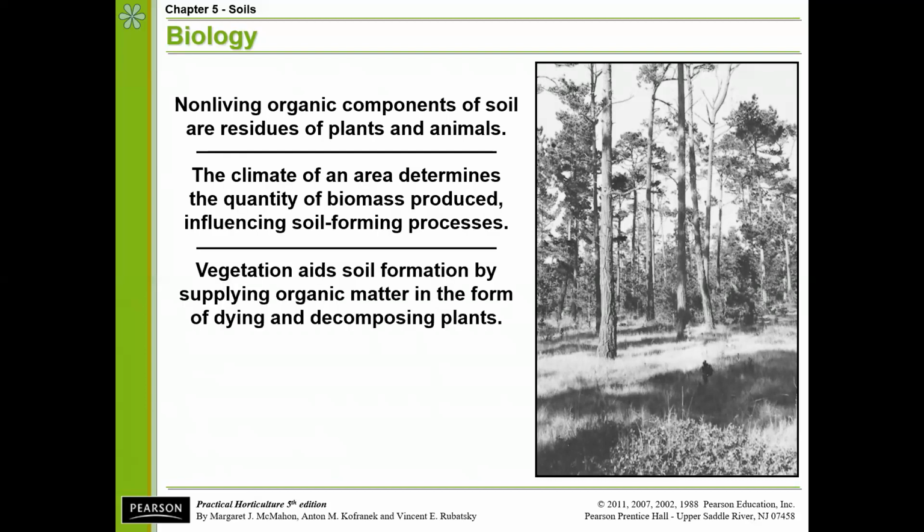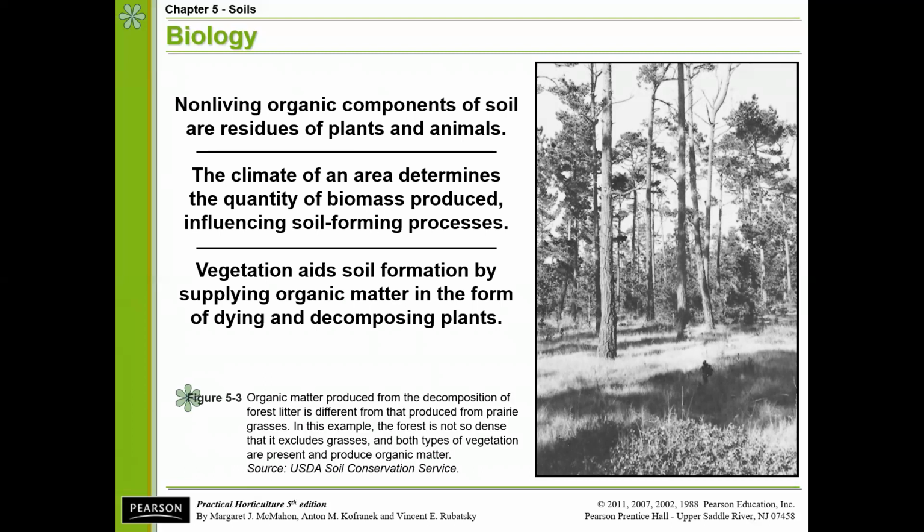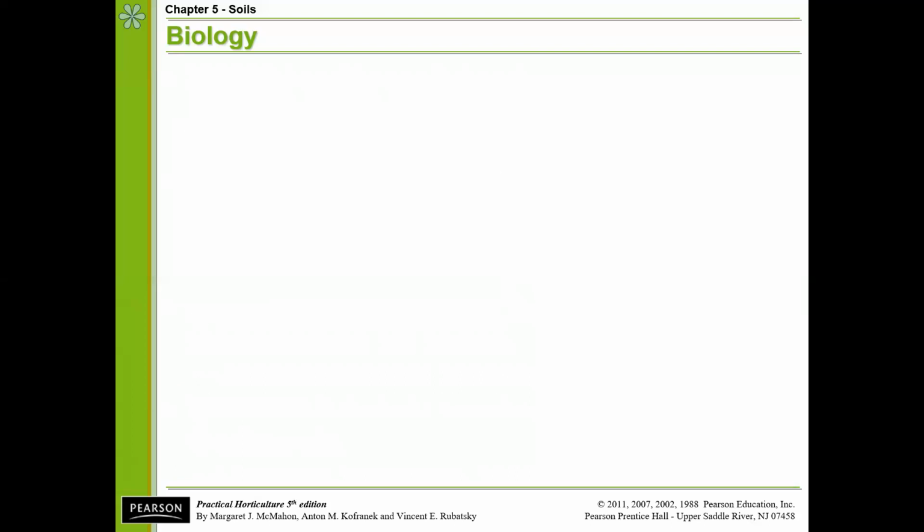So we've got all this non-living stuff interacting with this living stuff, and that is determined in part by the climate. How much rain and how much temperature fluctuation we have is going to affect the life, which then affects all the other factors too. So it's really everything interacting that makes the soil type and determines whether it's productive or not.